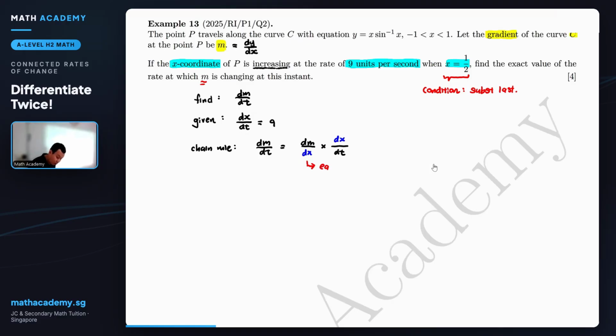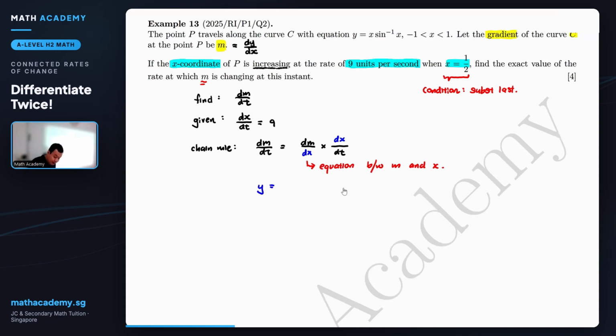I will then need to form an equation that is between your m and x. If we plan through slowly. Okay, so let's think. M is dy dx. If you had done dy dx, actually you would get m to be between m and x already. So let's start with the equation.